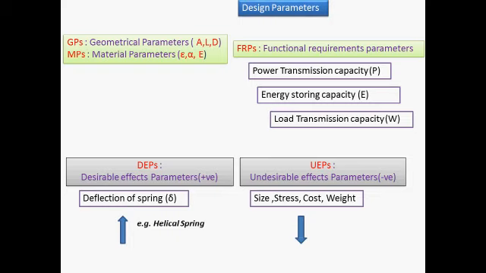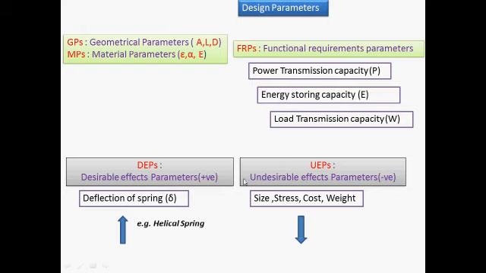If you want to increase the load carrying capacity, the delta value should be maximized. If you increase delta, it will increase the load carrying capacity of the spring. That means it will have a positive impact. Such parameters are called the desirable effect parameters.